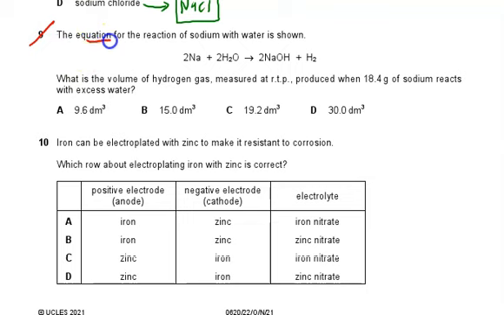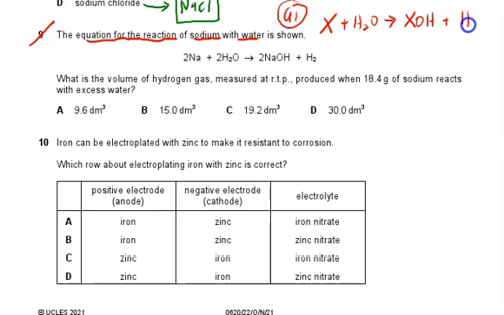The equation for the reaction of sodium and water is shown here. When they mix with water, we will have hydrogen. Remember for group 1, the general equation is the group 1 element mixed with water gives the element hydroxide solution plus hydrogen gas.